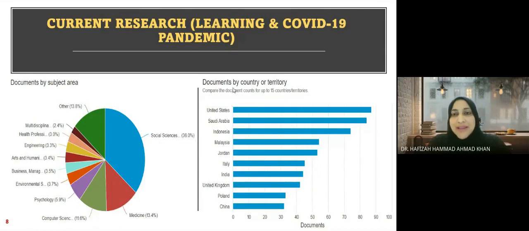When we analyze documents by country, the majority of the researchers are from the United States, then Saudi Arabia, then Indonesia, followed by Malaysia. You can also see many research articles from India as well. So perhaps you want to know what research has been done only in the context of India. Then in the search string, you can narrow down to look only at India.